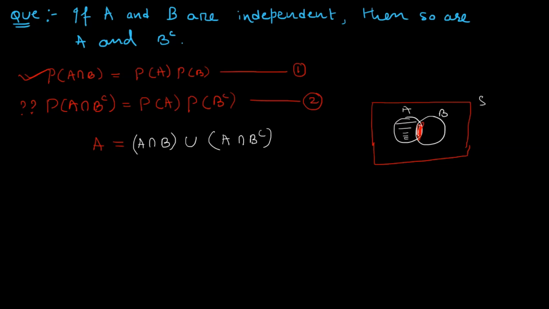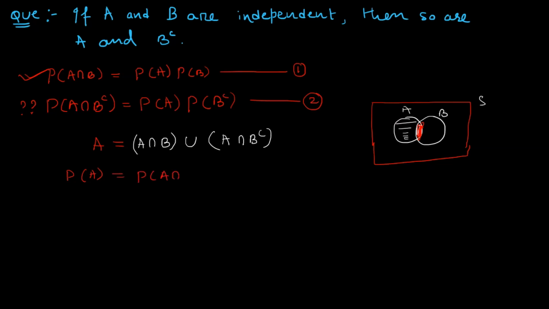One thing you must observe is that the part marked in red and the white marked part are both disjoint sets. So what is the probability of A when these two things are disjoint?